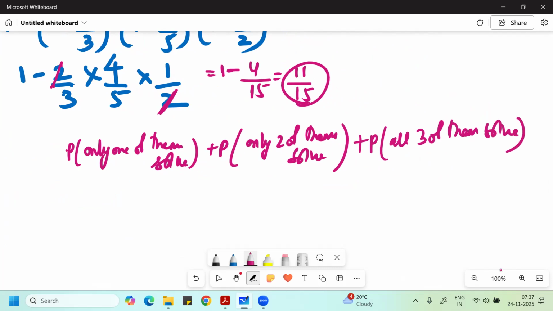Okay, so any one of them solving means A solves, B and C do not solve; or A and C solve, B does not solve; or A does not solve, B and C solve.